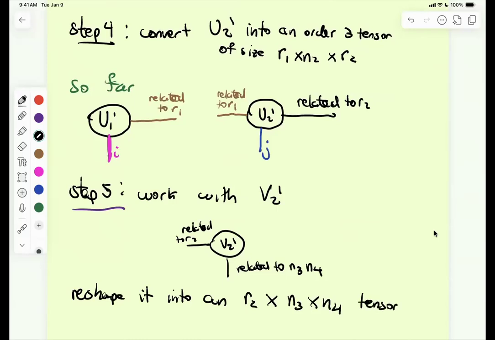So it's going to be a tensor with 3 legs. And now you merge the first two into one, and then it's unfolded into an R2 and N3 times N4 matrix.